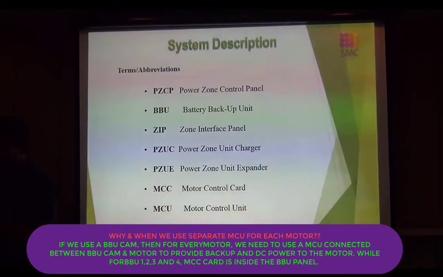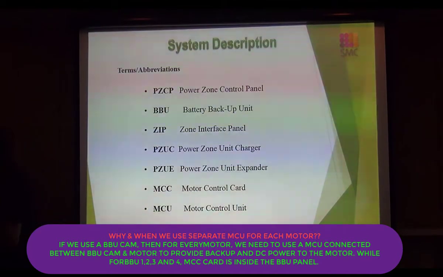Just to make it convenient, there will be BBU1. I am sure I have one motor. They will put it in one thing. I don't need separate MCU control units. You understand my point? Yeah. Because in the BBU CAM we are driving 20 motors, that's why we need 20 separate ones. We keep them separate.